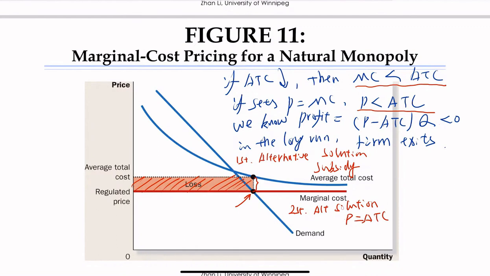But this has its own problem because we know that ATC is larger than marginal cost. And whenever price is larger than marginal cost, there is some deadweight loss, right? So by setting price equal to average total cost, the firm will not exit and no subsidies are needed, but the production and the pricing are both inefficient.